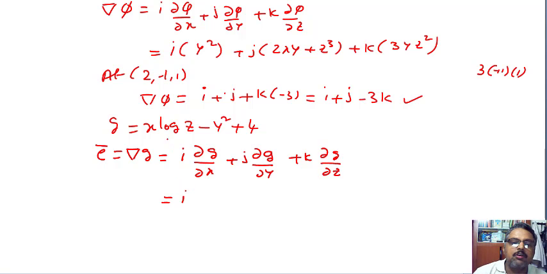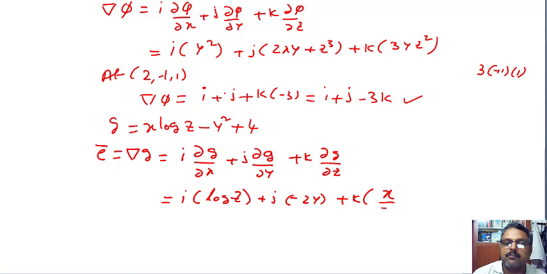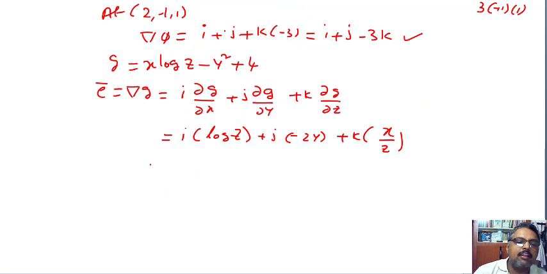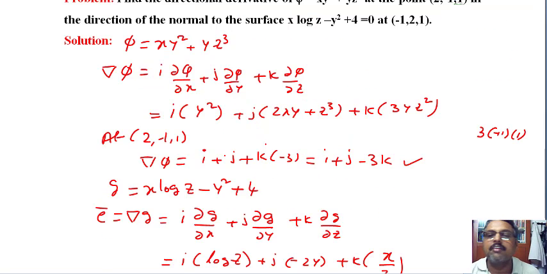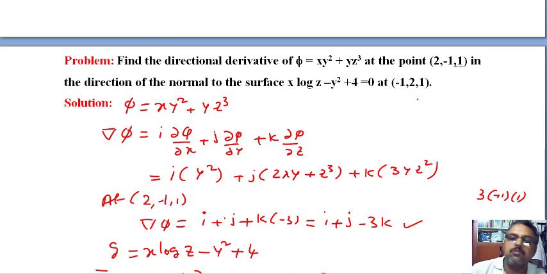Using this, dou g by dou x equals log z, plus j into dou g by dou y, which is minus 2y, plus k into derivative with respect to z, which is x by z. Now at the point, what is the point? The point is given as minus 1, 2, 1.